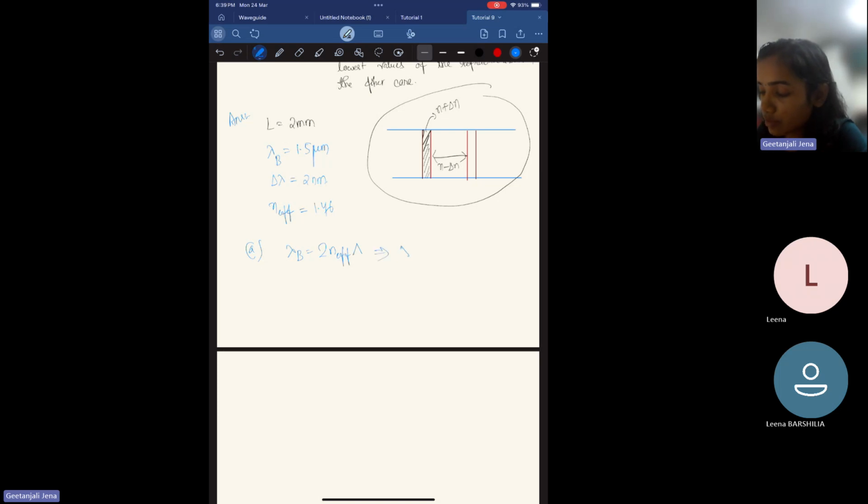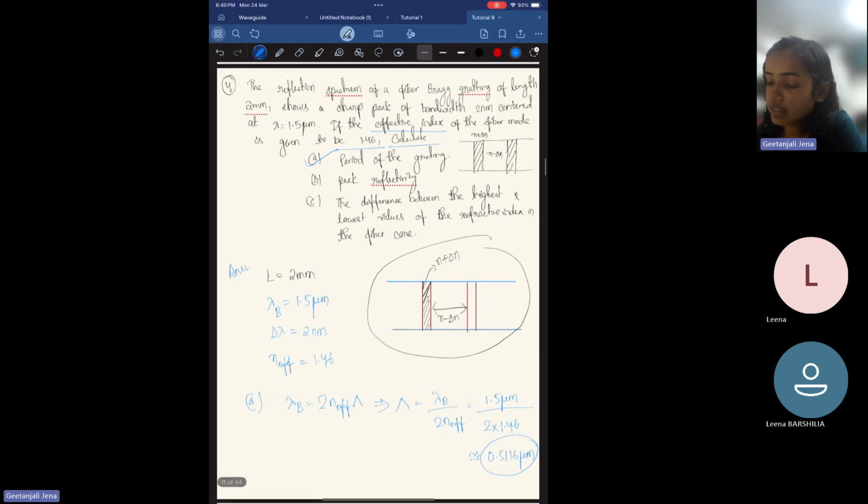So that means the grating period will be λ_B over 2 n_eff. λ_B is given, it is 1.5 micrometer, and this is 2 × 1.46, which will give a value of 0.5136 micrometer. So the first part was easy.